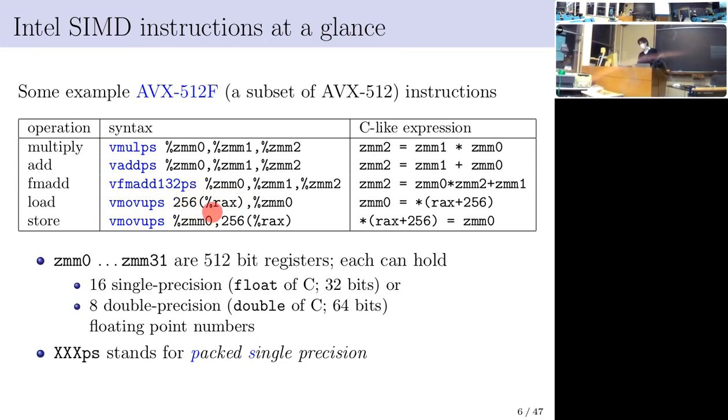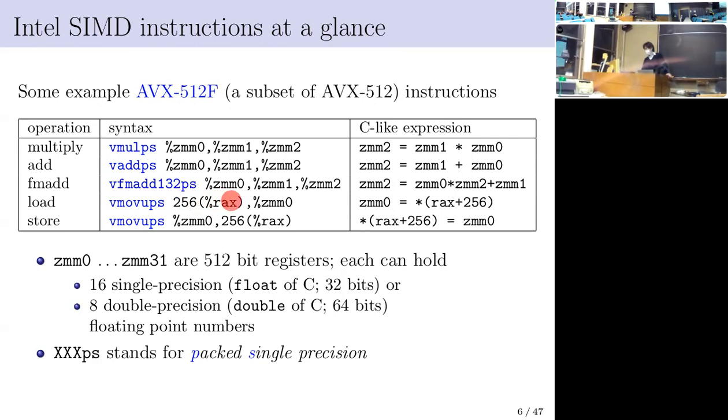So for example, if this register has a value of 1024, then this instruction ends up accessing the address 1280, so 1024 plus 256.